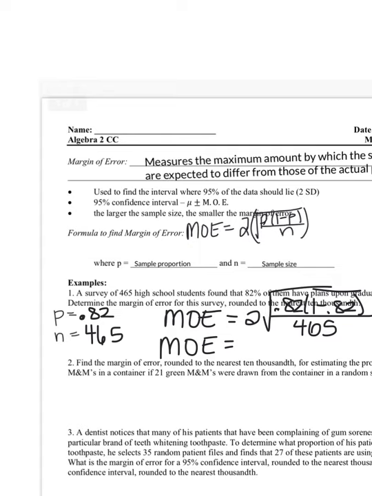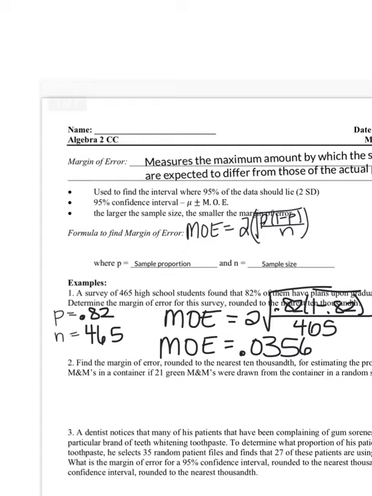That gives you a nice clean fraction where you can actually see a numerator and a denominator. That way, especially in later examples, it doesn't get as confusing. You type that in, you're rounding to the nearest 10,000th, which is 4 decimal places. So your margin of error is 0.0356.